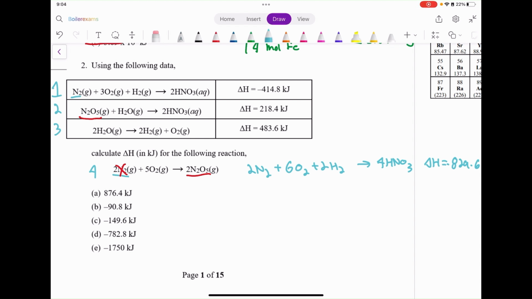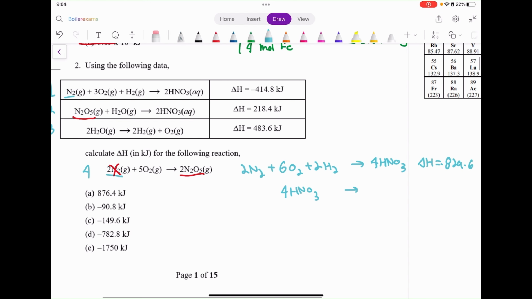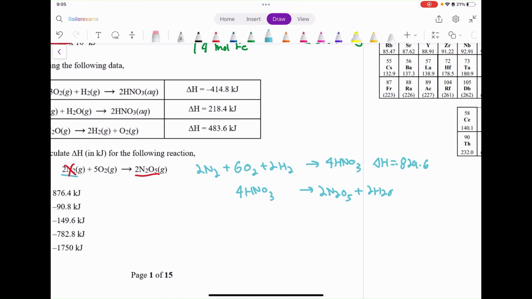So from the second reaction, if we flip it and multiply it by 2, we get 4 HNO3, which is then being turned into 2 N2O5, and then 2 H2O. And once again, I can multiply my delta H by -2 because I flipped it and multiplied it by 2. So 218.4 times -2, you get -436.8.